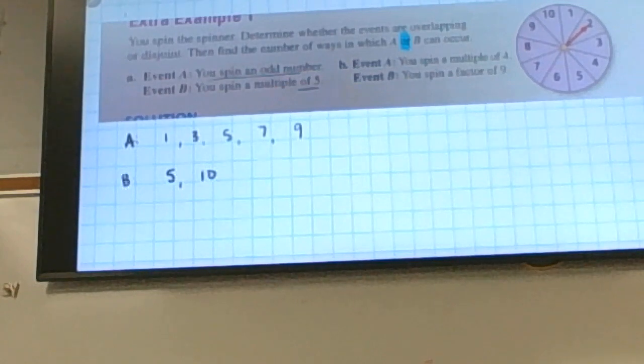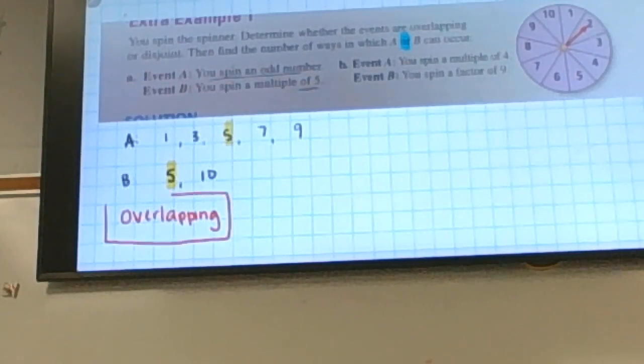Is it overlapping or disjoint? They both have 5 in their list, meaning this is an overlapping situation. They overlap. And that's because they have a common outcome.